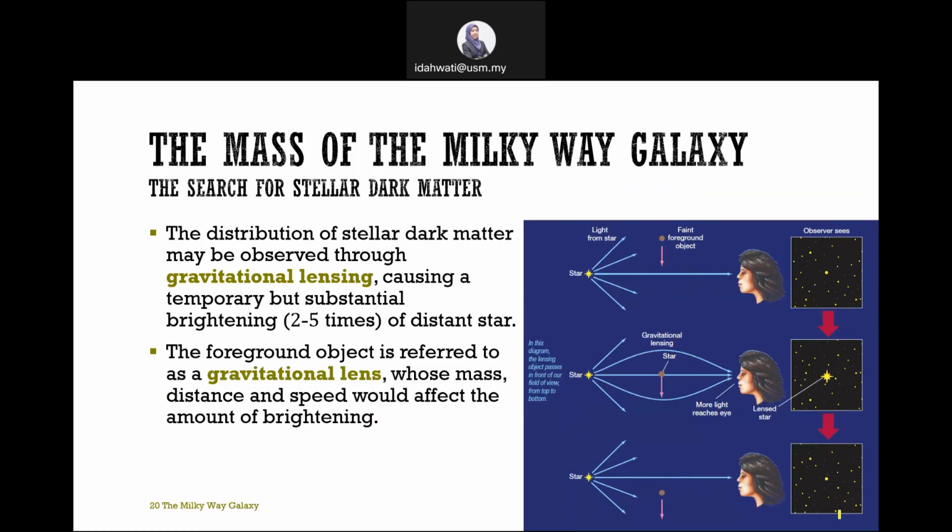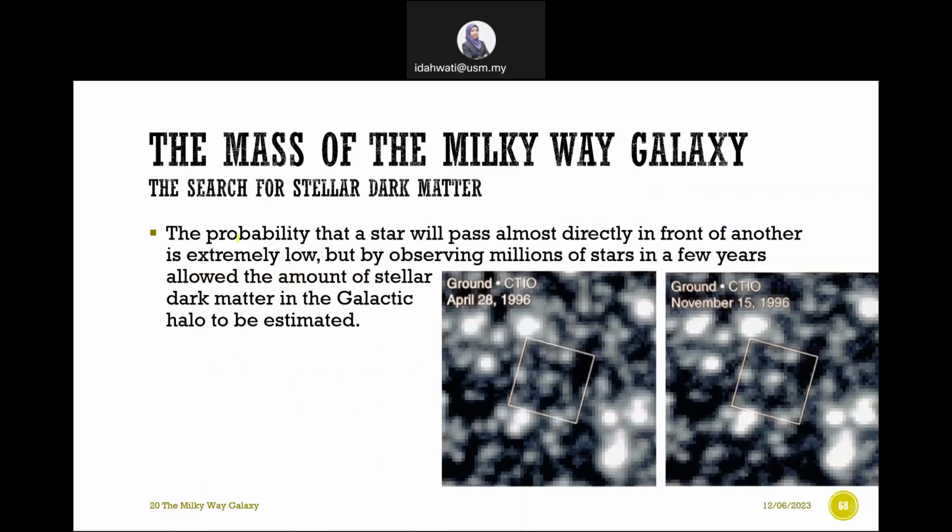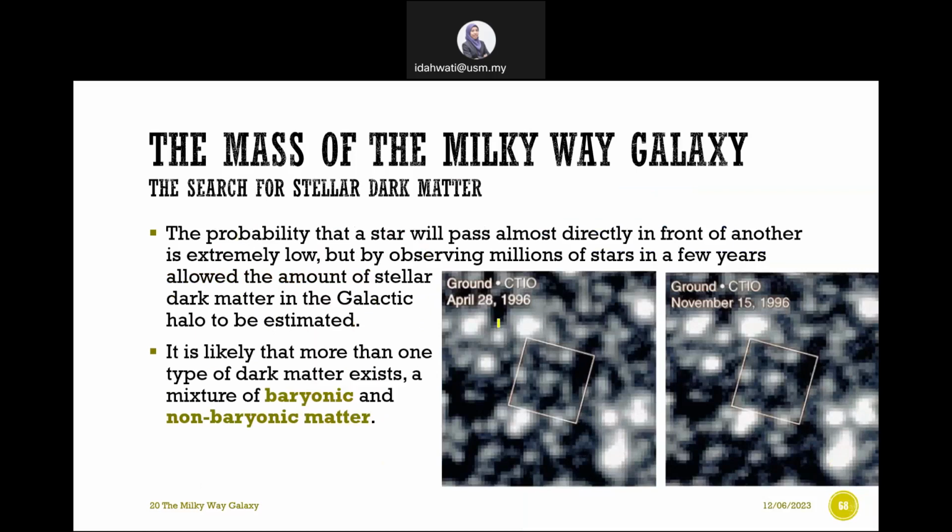We can observe the distribution like this. Basically, the dark matter that exists is a mixture of baryonic and non-baryonic matter. As you can see, this figure shows the same distribution.